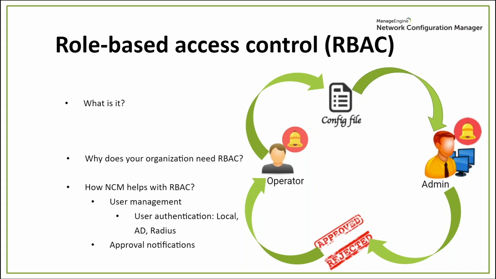Once the approval or rejection is made, the operator will receive a notification whether the change he made is approved or not. This change made by the operator will not get uploaded until the admin approves or rejects it. So why is it important? This access control will give you complete control on who can make what kind of changes, and this will help you keep your network secure.